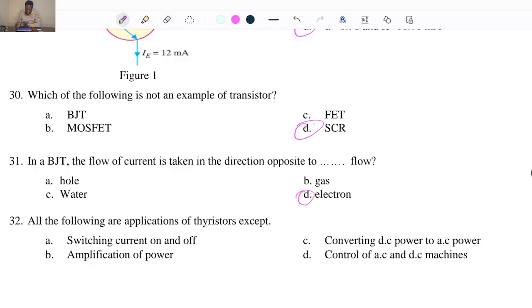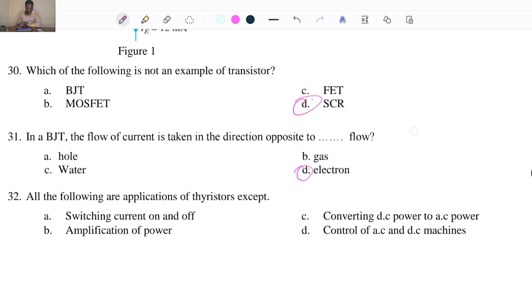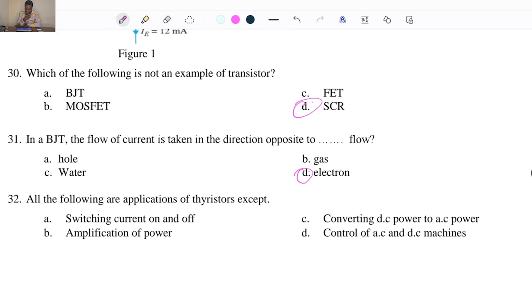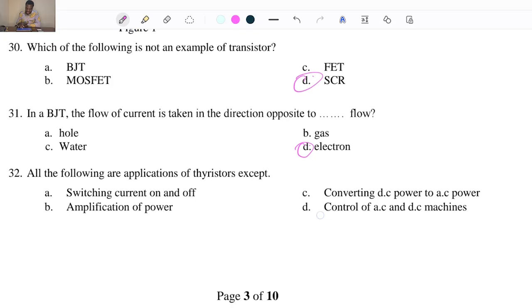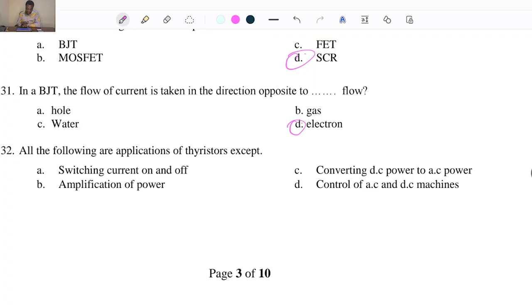So it's taking the direction opposite to the flow of electron here.